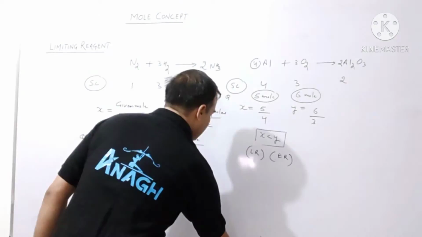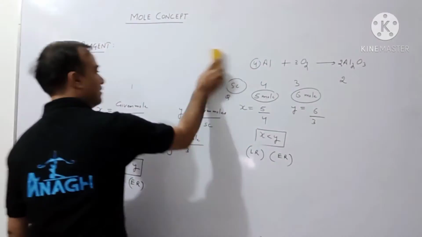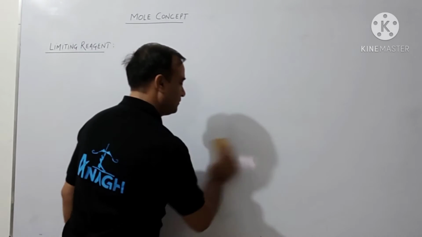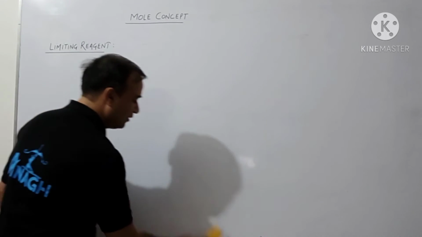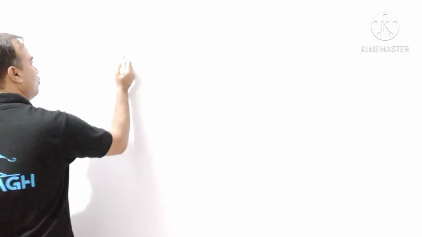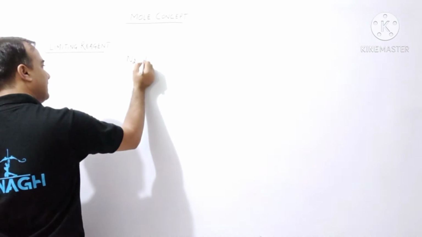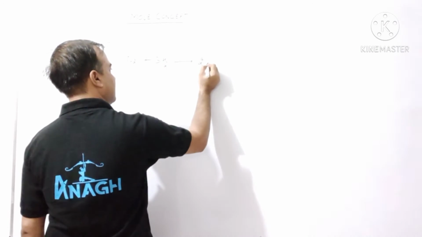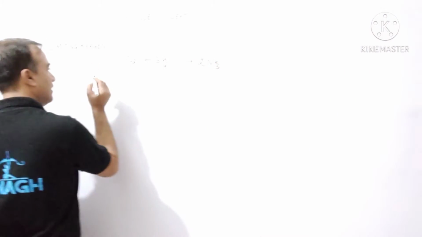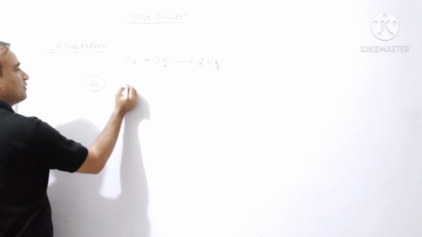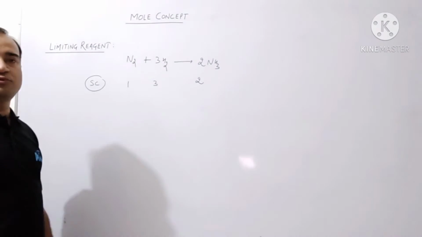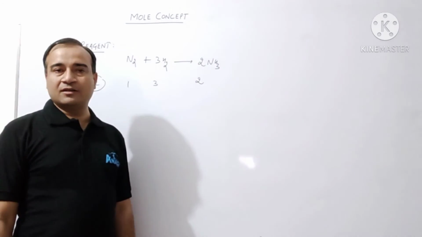If I am given a question on the formation of ammonia: N2 plus 3H2 gives 2NH3. So the stoichiometric coefficients of nitrogen, hydrogen and ammonia are 1:3:2, as we discussed.